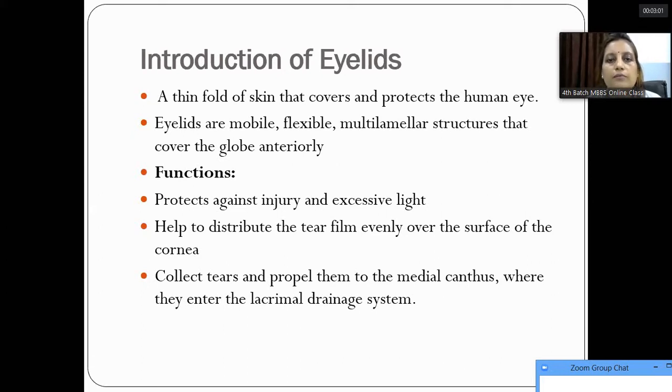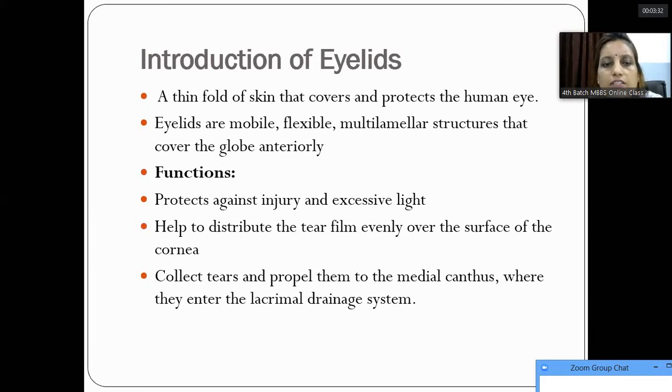It also helps to distribute the tear film evenly over the surface of the cornea, which helps to keep the cornea moist. The movement of the lid, opening and closure, causes a continuous spread of the tear film over the surface of the cornea, and collects the tears and propels them to the medial canthus, where they enter the lacrimal drainage system.